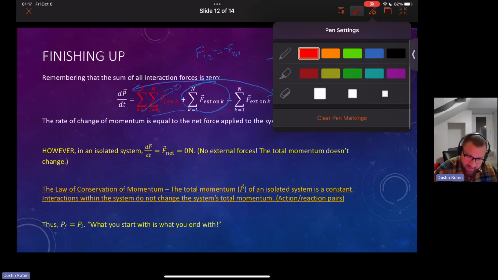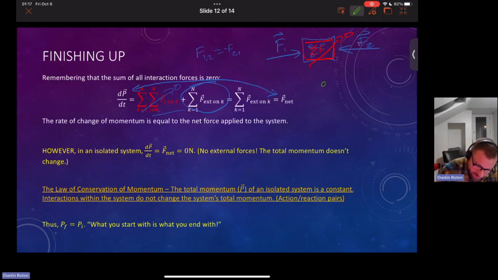So essentially, in conclusion here, the change in the total momentum, big P, over time, really is just those external forces added up on your system. So yeah, summed up right here. The rate of change of momentum is equal to the net force applied to the system. So not the net force in the system, the net force applied to the system.